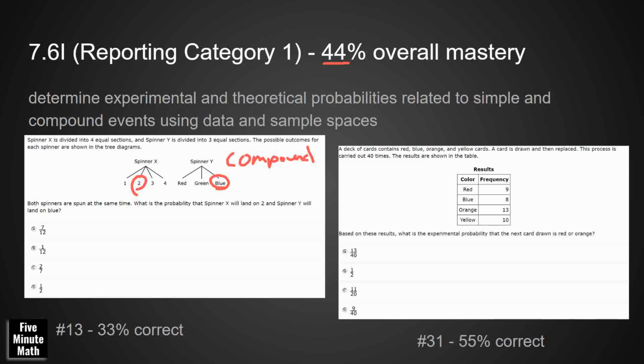Now, we've got choices. If students aren't really sure as to how to solve this, we could just make a sample space. We can think, well, okay, if I spin a 1 on the X, what are the possibilities? I could do 1R, 1G, and then 1B. Then I can simply repeat that with 2: 2R, 2G, 2B.